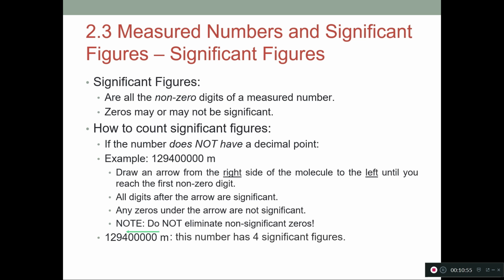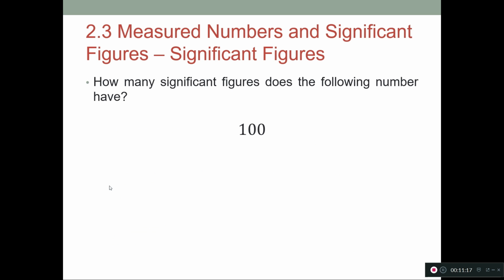So if we have this number, we put our arrow over it, that means we have 4 significant figures. But again, remember, we don't want to drop those zeros because this big number with all these zeros is not equal to 1,294. So we cannot eliminate those zeros. Those zeros are important, but they're not significant in this very particular definition of significance that we're using.